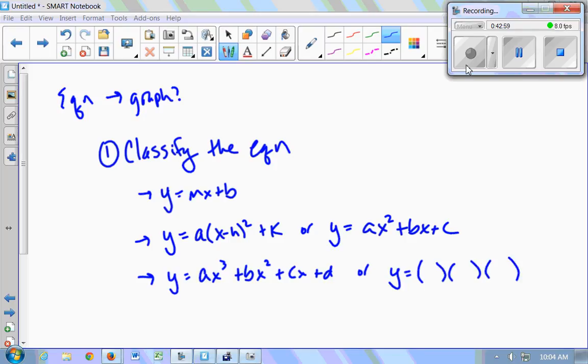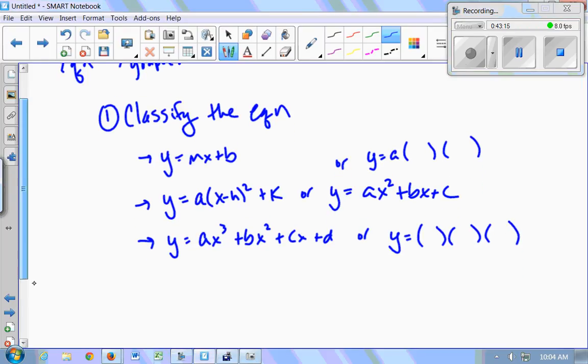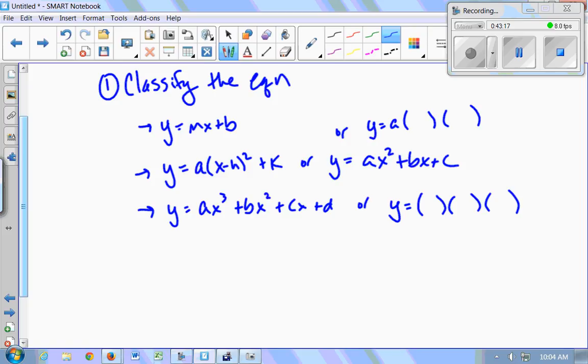Same with a quadratic. This could also be multiplying two factors together. So that's linear, quadratic, cubic. You could have a higher degree polynomial also, which would just be ax to the fourth plus bx cubed plus cx squared plus dx plus e, or 4 factors being multiplied together.